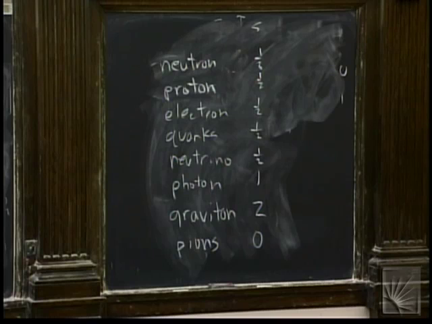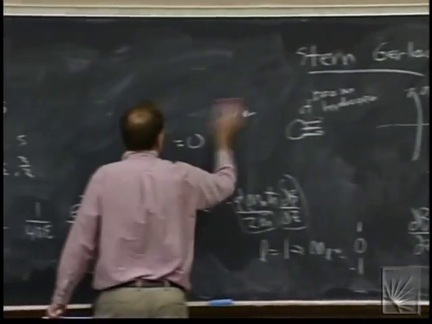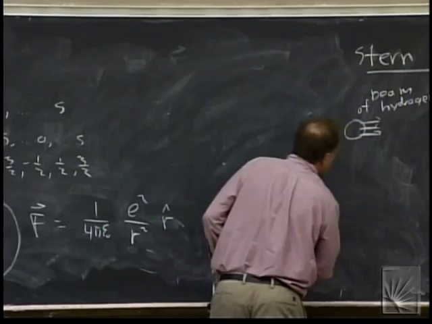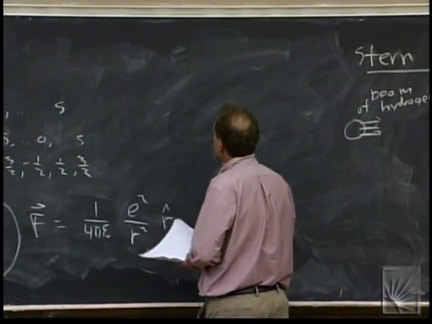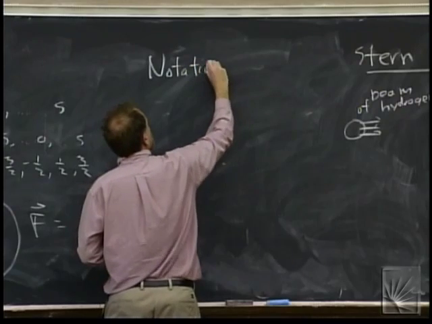Okay. And finally, one last comment. Because there's no wave function for this spin, we need a new notation to talk about it if we're going to write it down. So the notation, and let me just focus on electrons.